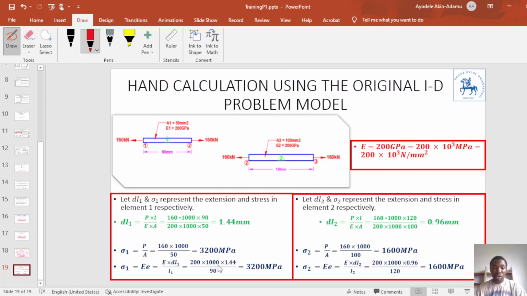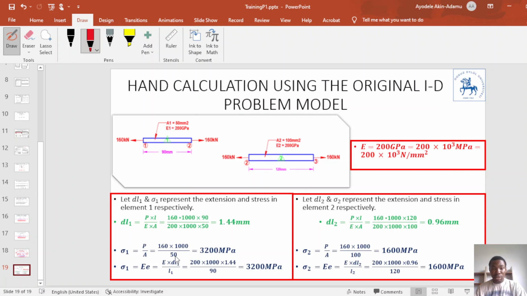If we do this calculation, you also get the same 3200 megapascal. So we can use either of the two formulas. The 160 kilonewton tension force stretches material 1 by 1.44 mm, and it induced an internal stress of 3200 megapascal.